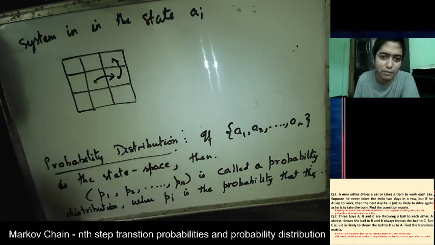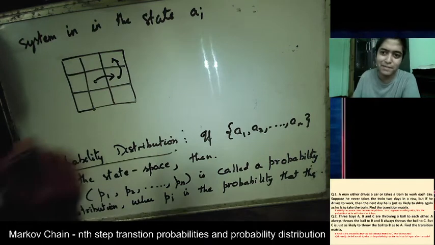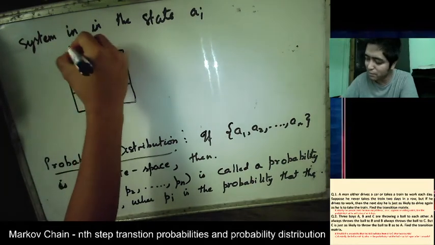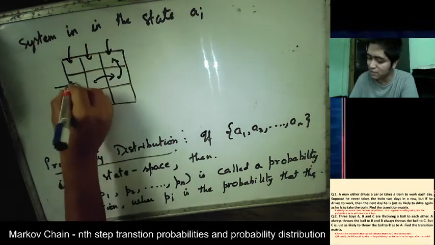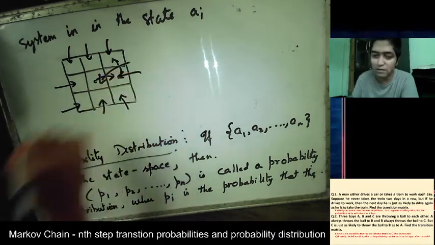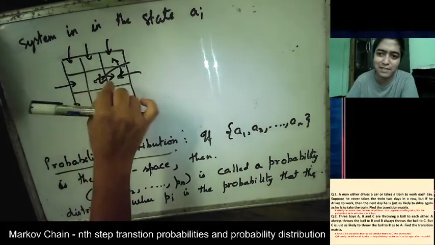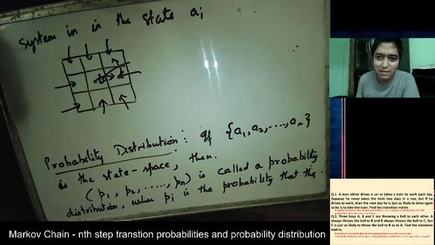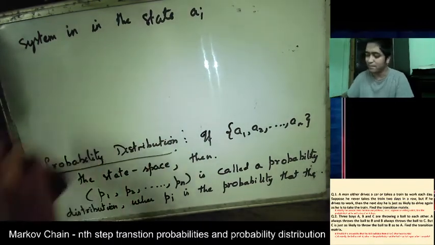When we are performing this experiment, at some instant of time, there will be some probabilities attached to each of these possible states. Those probabilities that are attached, the whole thing, is called the probability distribution of the system.